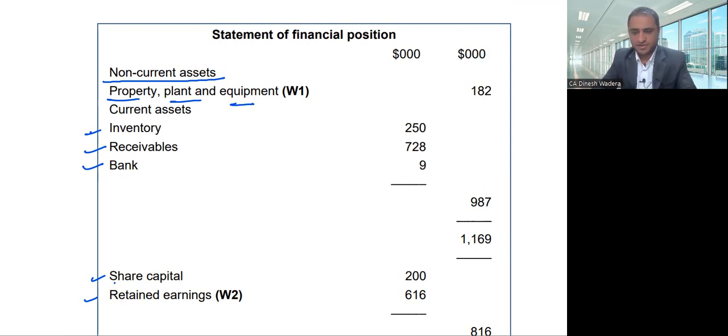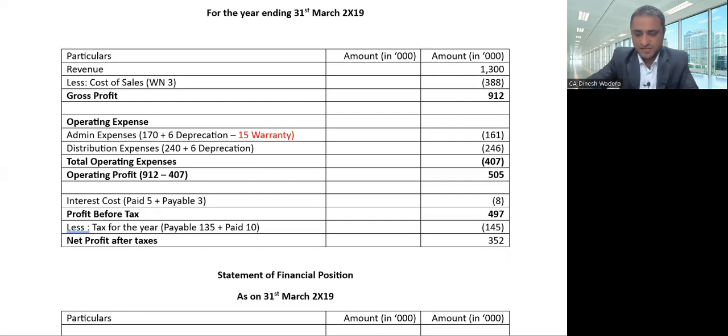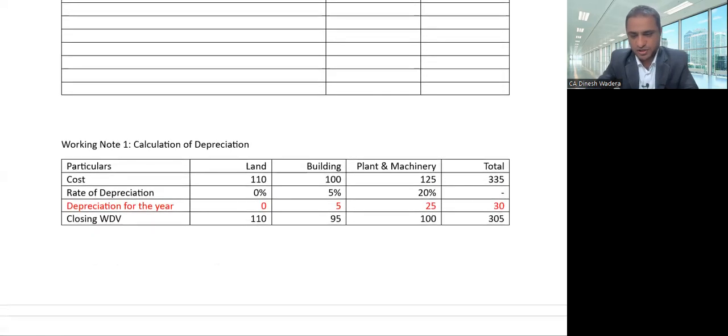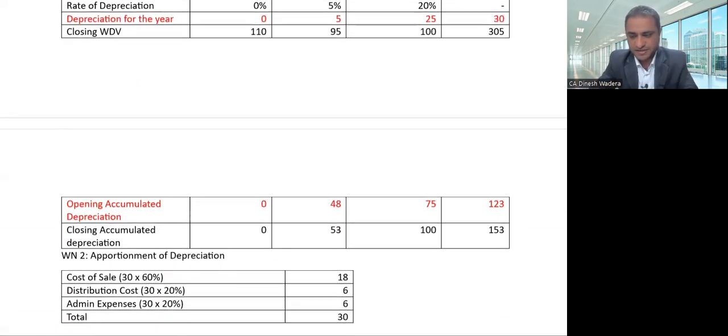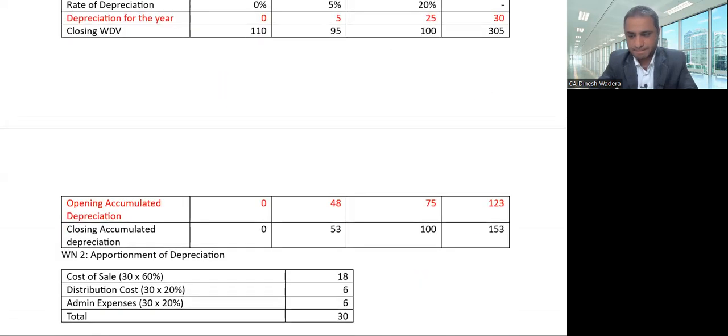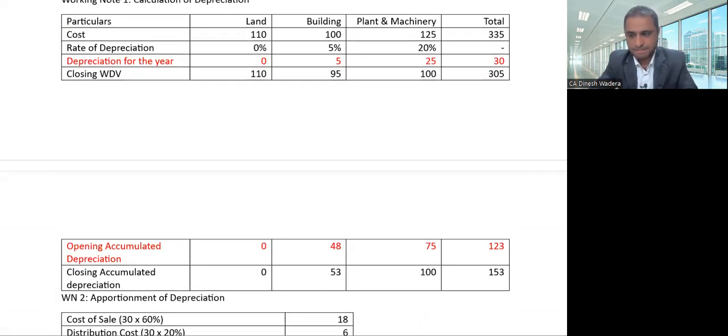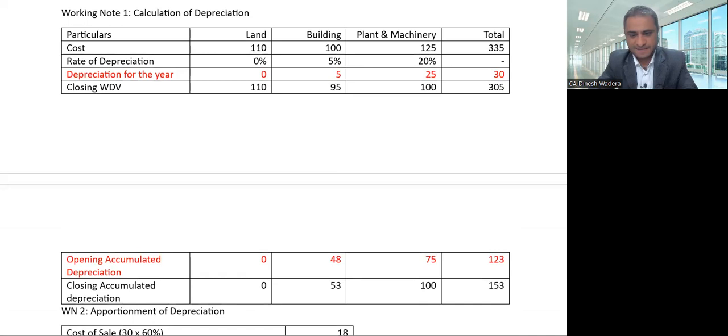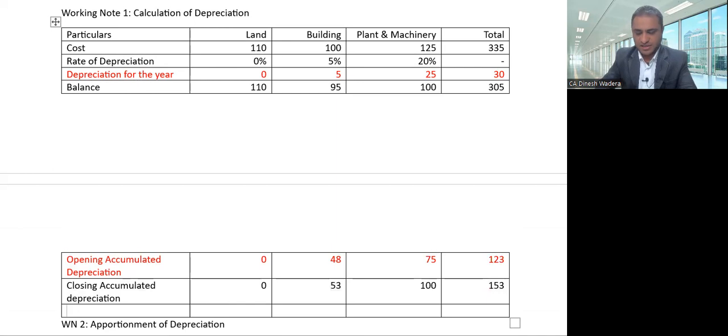of financial position. So we have the property, plant and equipment after considering the depreciation. You can always show the accumulated depreciation separately. So it is not a closing WDV actually, it is a balance. If you have some space remaining, just add one line here.